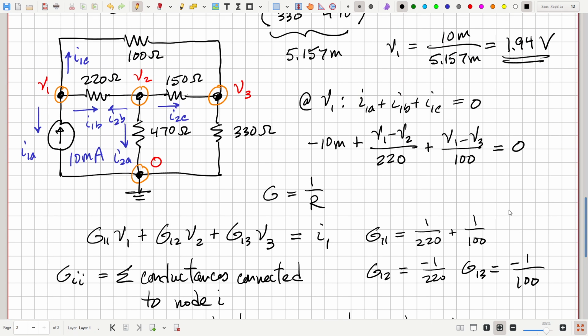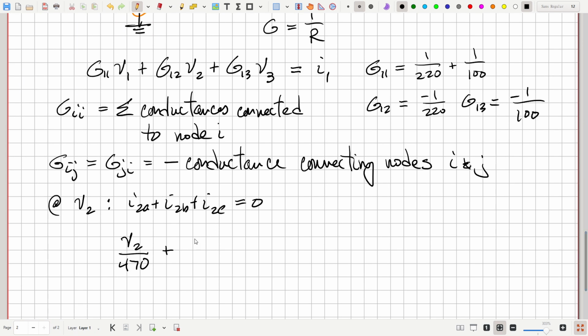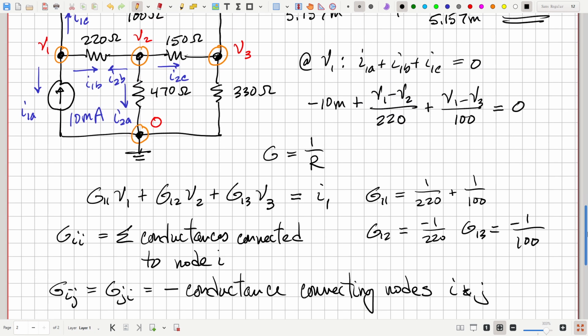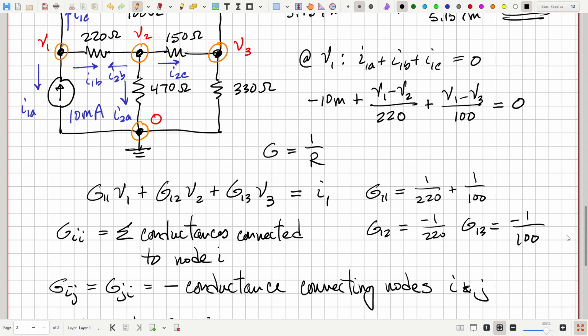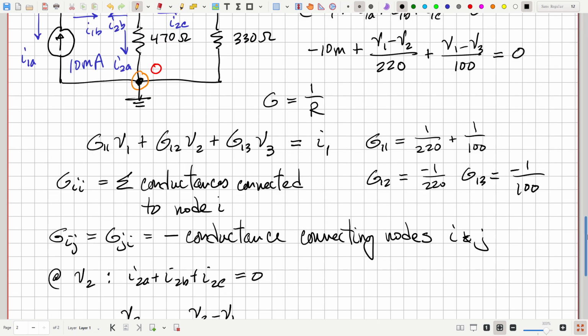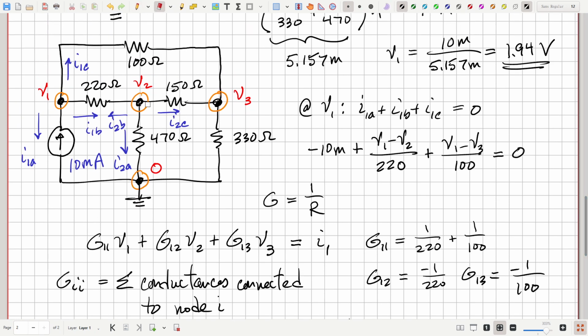I2B, that would be the current flowing from voltage V2 to V1 through a 220 ohm resistor. So that would be V2 minus V1 over 220. And then finally, I2C would be the current flowing through the 150 ohm resistor from node V2 to node V3.